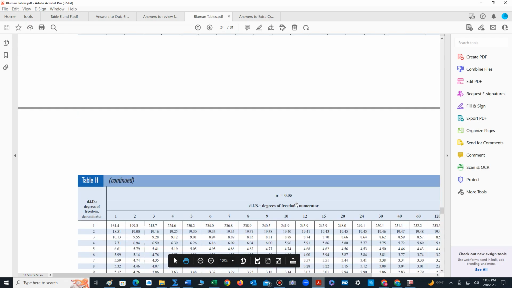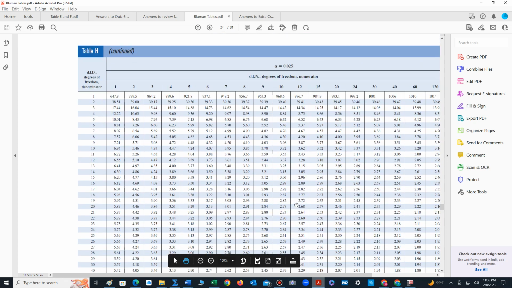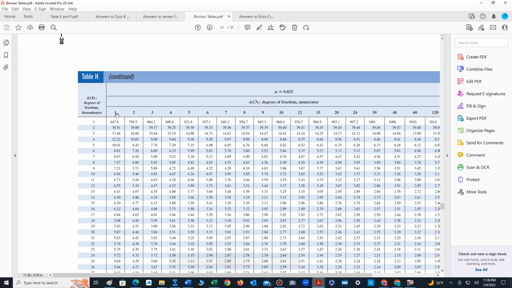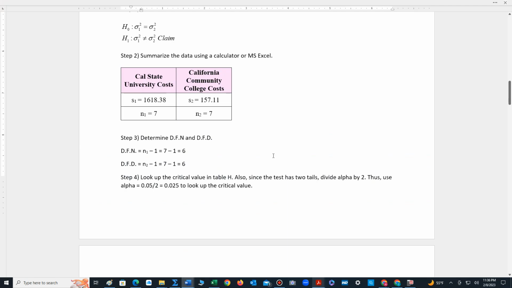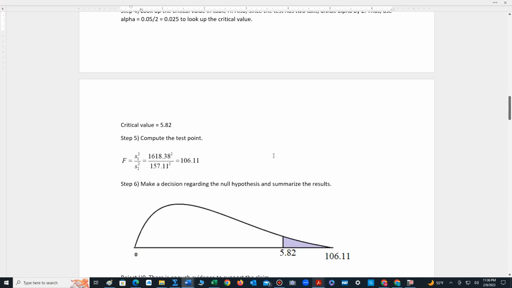So let's go to the page that contains 0.025. Degrees of freedom of the numerator is 6. Degrees of freedom of the denominator is 6. Look for the intersection, and we have 5.82 as our critical value.